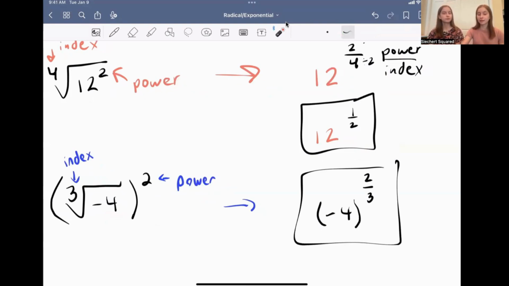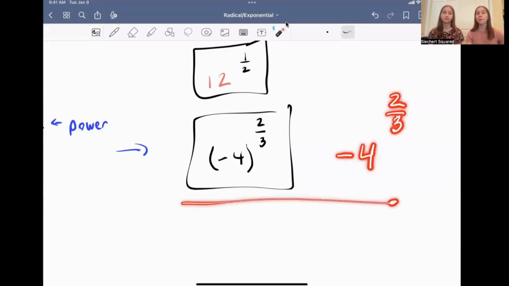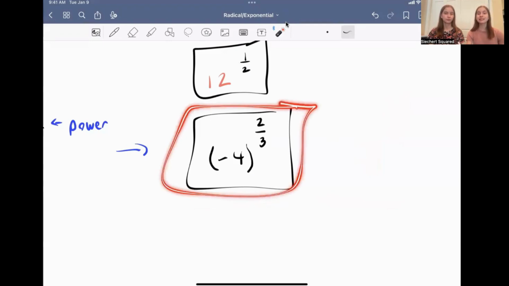So technically, if you had written instead, let's say you put -4 to the 2/3, the two answers look very, very similar, but not having the parentheses does make it a different answer. For the answer on the left, in this case, the entire -4 has that exponent of 2/3.